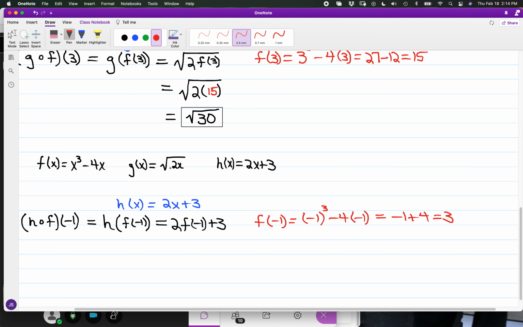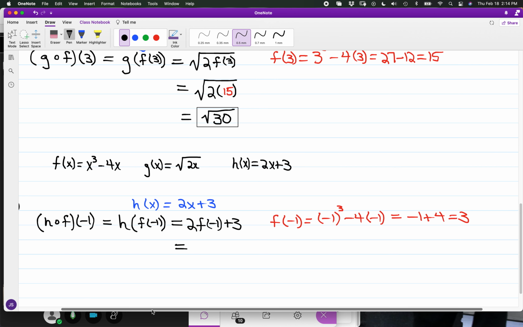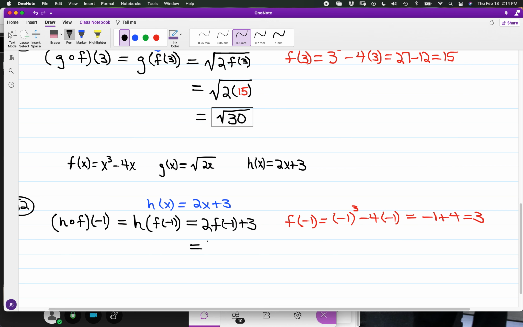Just carrying over to the composition, h composed with f of -1, we have 2 times 3, followed by the addition of 3. So 2 times 3 is 6, and 6 plus 3 is equal to 9.